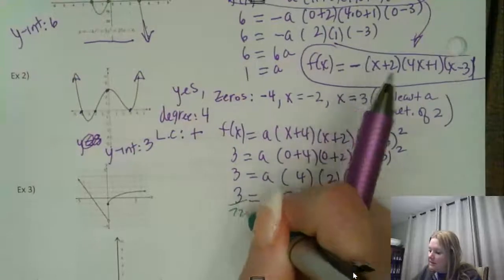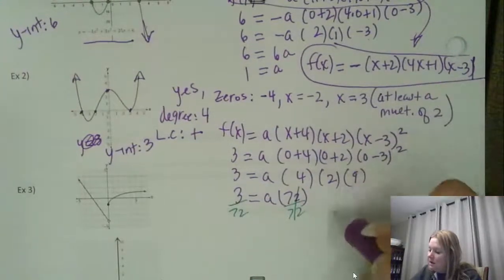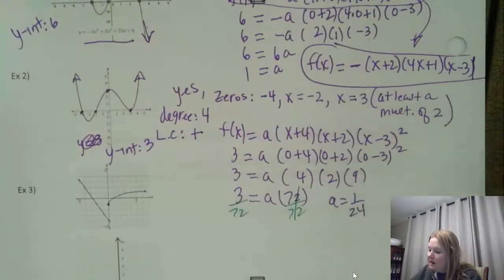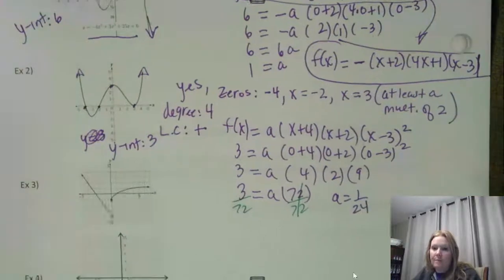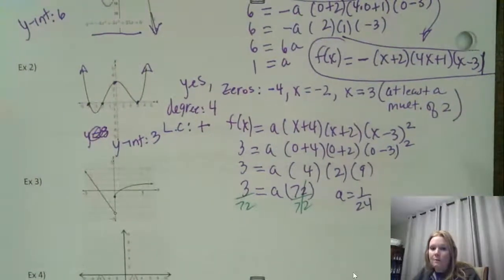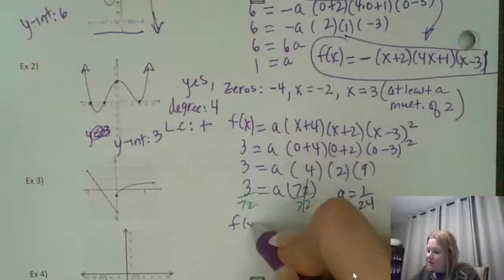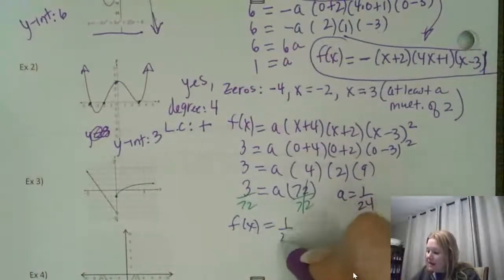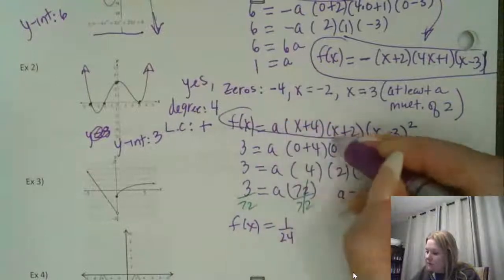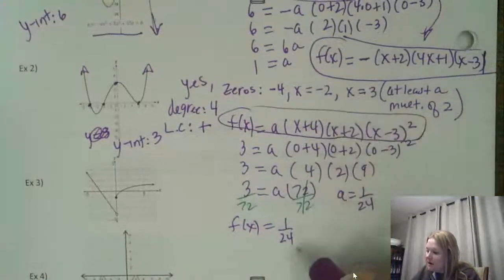Divide by 72. We're getting a would be 1/24. So, writing this equation, it's f of x equals the a. So I'm filling back in here.